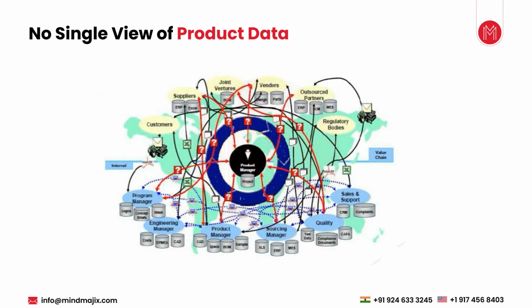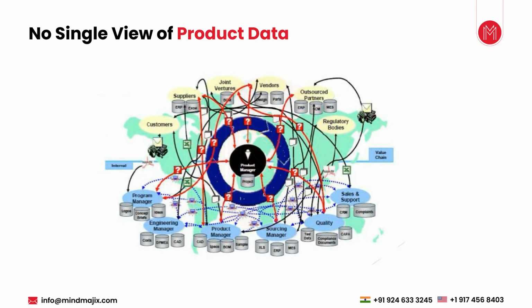Now, this is what I was explaining earlier: let's suppose there is a product and a product manager assigned. If there is no PLM application here, a lot of vendors, outsource partners, regulatory bodies, joint ventures, suppliers, and customers will be involved in this particular product launch.